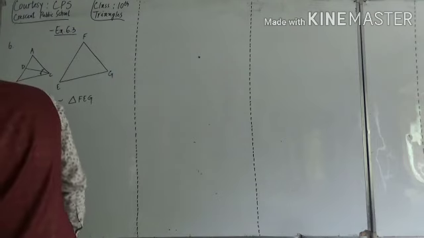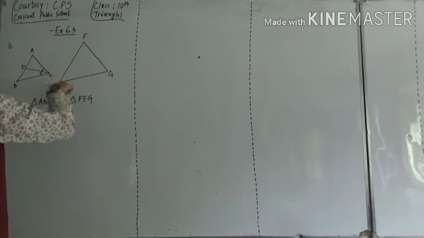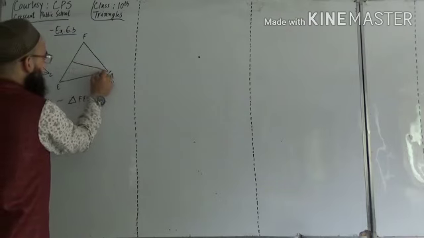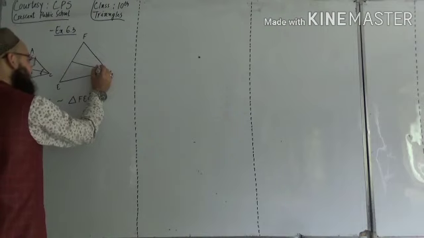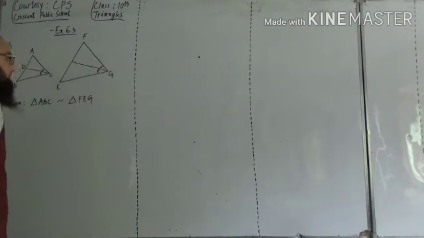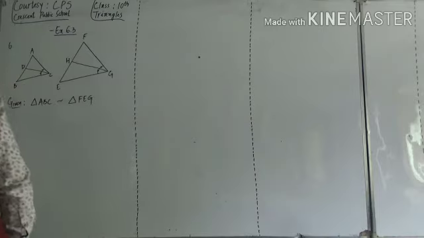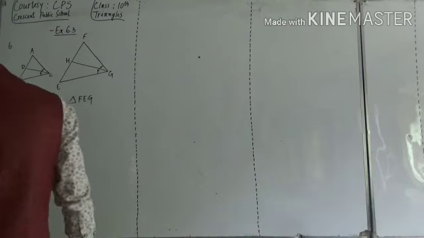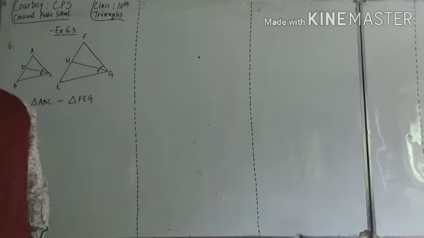And GH is the bisector of EGF. Goes like this. So here this angle is equal to this angle. This is H. D and H lie on AB and FE respectively. So D lies on AB, H lies on FE. So we are good so far?